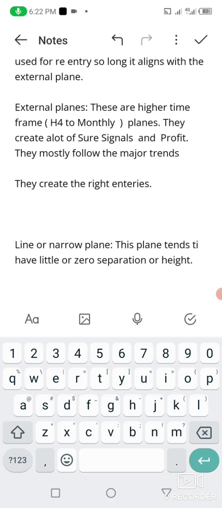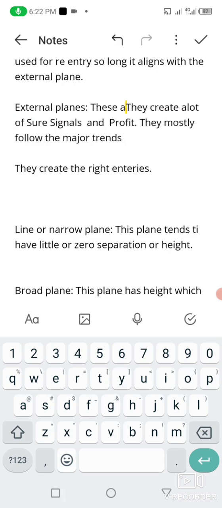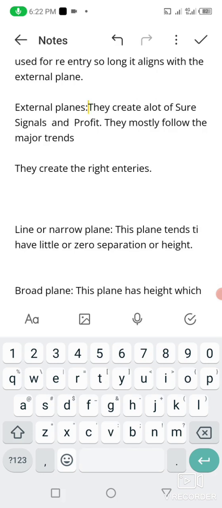So let's talk about external planes. These are higher time frame. Well, I have already said earlier that we cannot use time frame to explain planes. The geometrical stuff can happen at any kind of time frame. So external planes create a lot of short signals and profit.